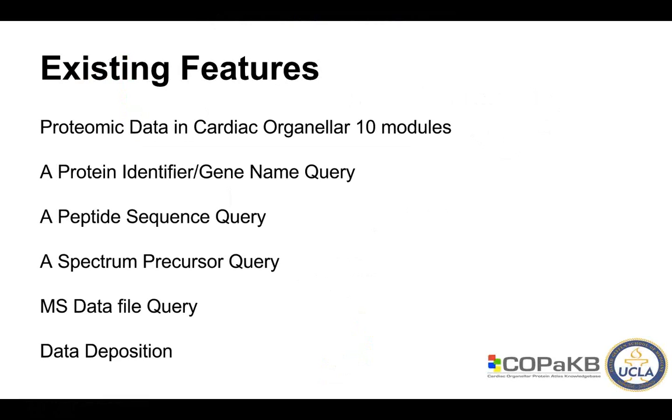And we support 4 different query types, including protein identifier query using the UniProt ID or the gene name, peptide sequence query, spectrum precursor query, and also MS data file query supporting mzML and DTA formats. And we also welcome researchers to share their mass spec data to be incorporated in our knowledge base.